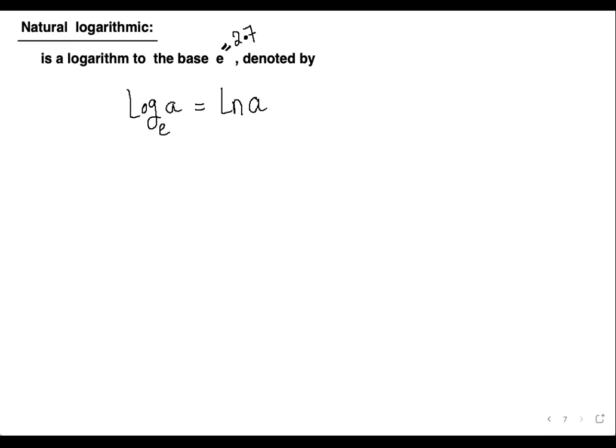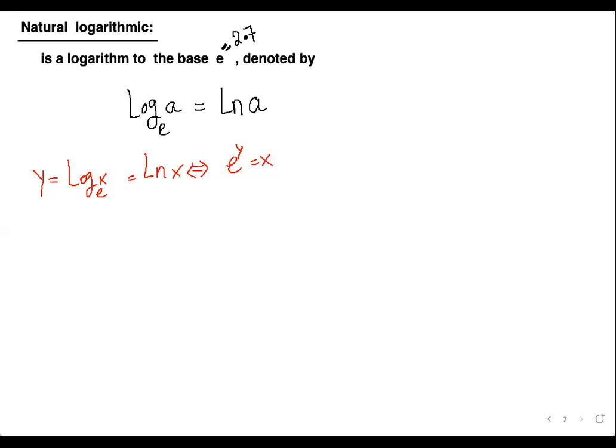Or you can say the ln of x is the same as the log of x to the base e, and this is the same as e to the y equal x, supposing this is equal to y. So e to the y equal x.